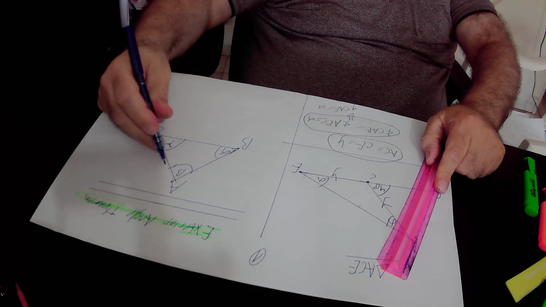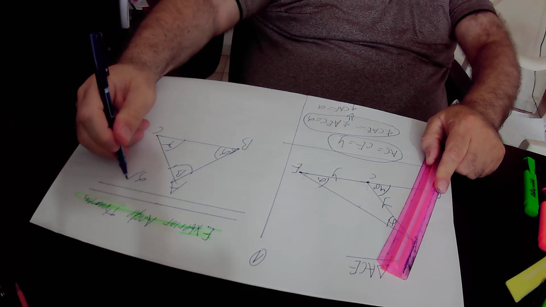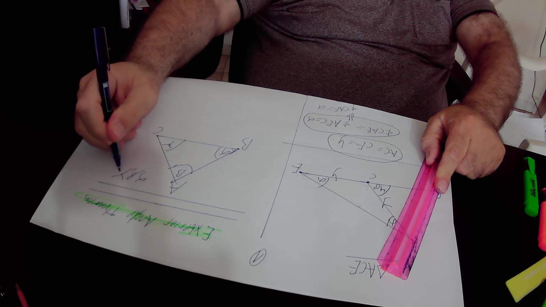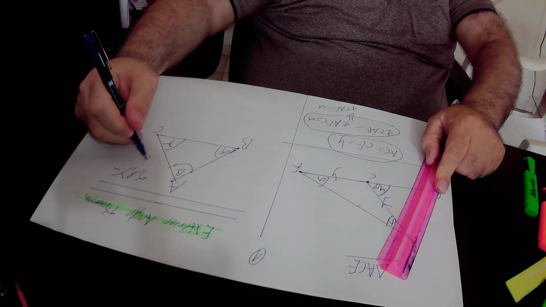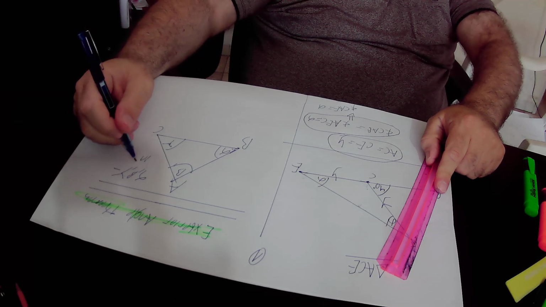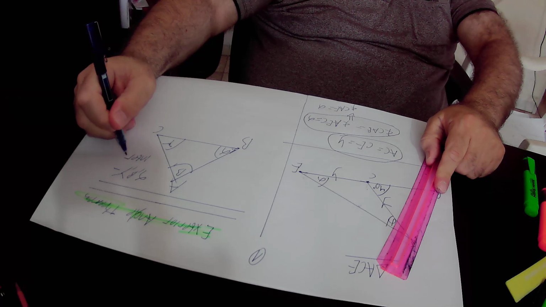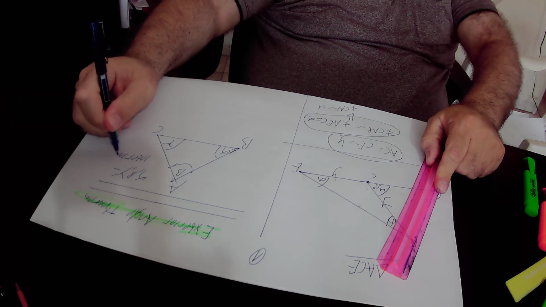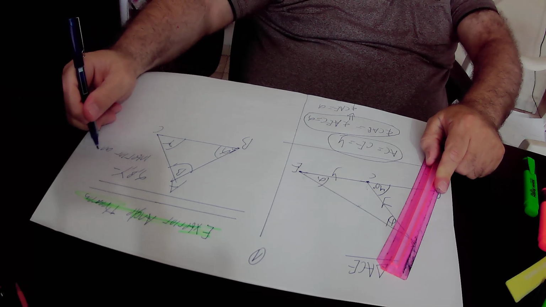Those three angles are defined as interior angles. Why? Because they are inside triangle ABC. Therefore, they are defined as the interior angles.